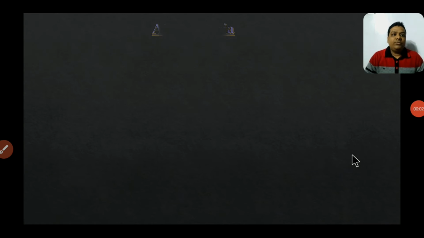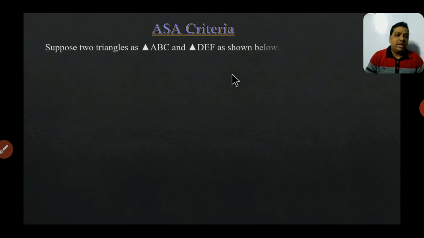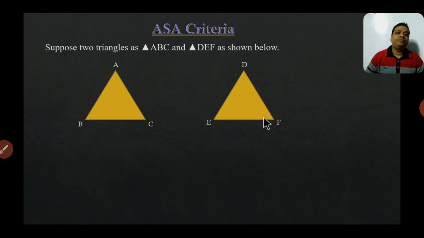Now students, here you can see ASA criteria, angle side angle criteria. So what is this criteria? Suppose two triangles as triangle ABC and triangle DEF, as shown below. If two angles and one side of this triangle are equal to this triangle, then we can say that these two triangles are congruent to each other.